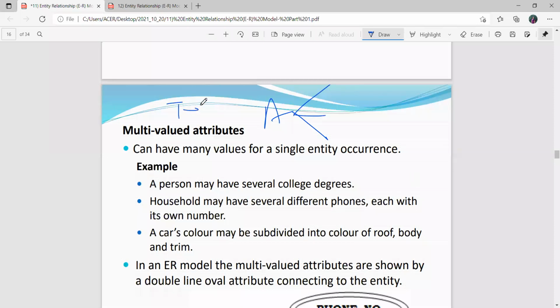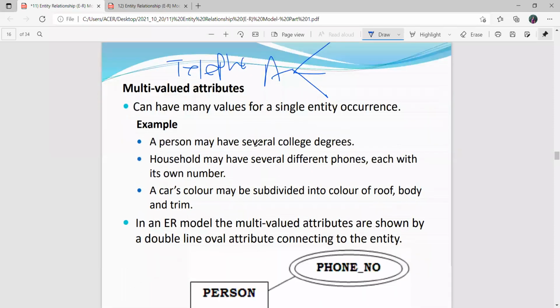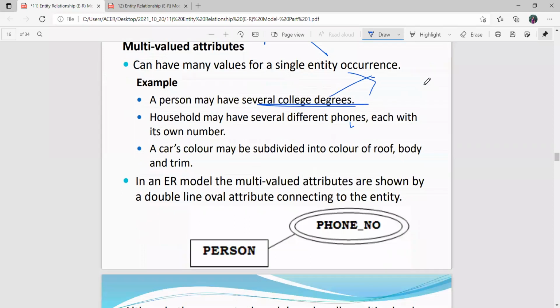So the telephone number attribute is a multi-valued attribute. You can have more than one value for this attribute. Another example is degree. A person can have more than one degree, so degree is also a multi-valued attribute.